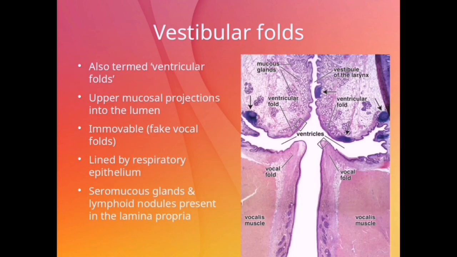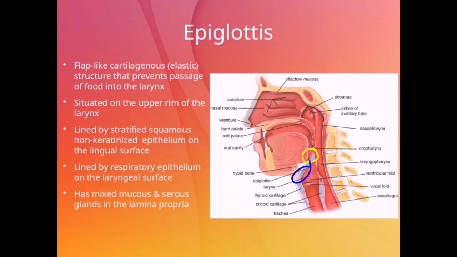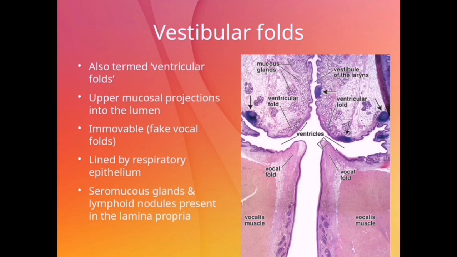Now let us look at the vestibular folds. So just inferior to the epiglottis, we have structures which we find on the larynx. And these structures include the vestibular folds, the ventricle, and the vocal folds. So the folds are simply projections of the mucosa into the lumen of the larynx.